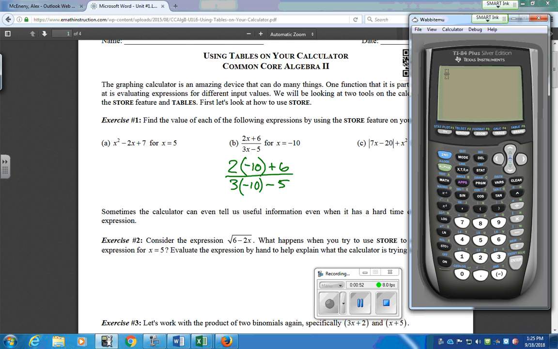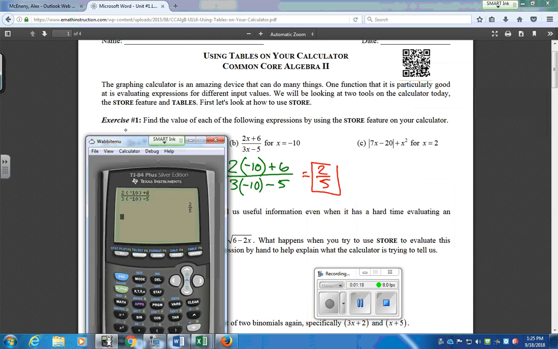Then I'm going to do 2 parentheses negative 10 plus 6. And then in the bottom, 3 parentheses negative 10 minus 5. So that'll reduce the fraction for you, which means our answer would be 2/5, or it could be 0.4 as a decimal.